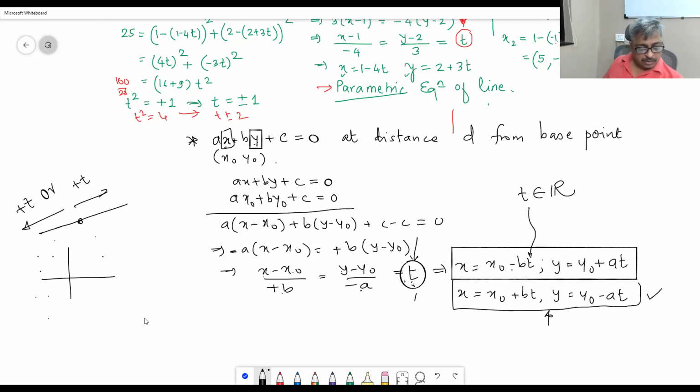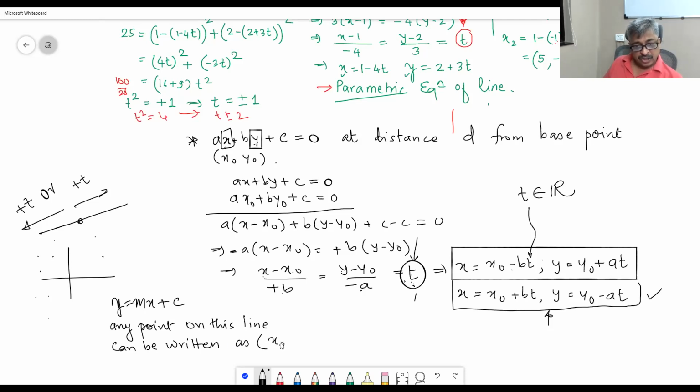For example, y is equal to mx plus c is the equation of a line. So any point on this line can be written as x naught comma mx naught plus c.